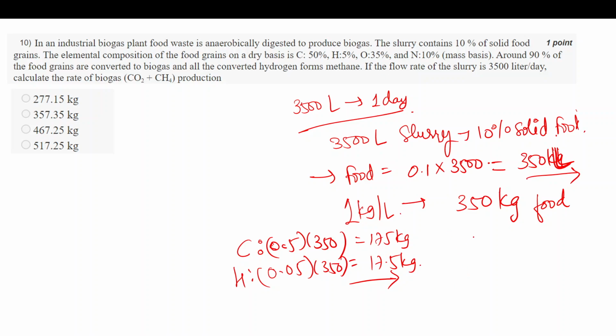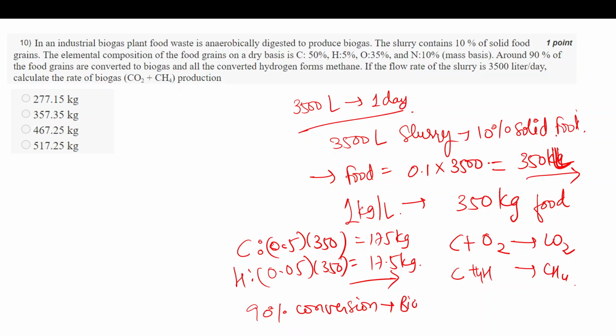Now biogas is formed by converting C plus O2 to give CO2, and C plus 4H to give CH4. Another hint is given that there is 90% conversion to biogas, and hydrogen is completely formed into methane.